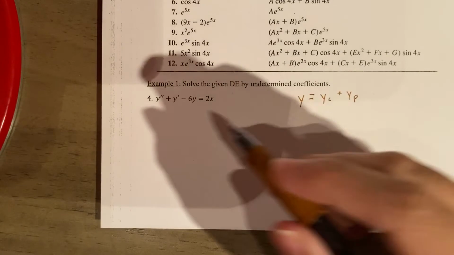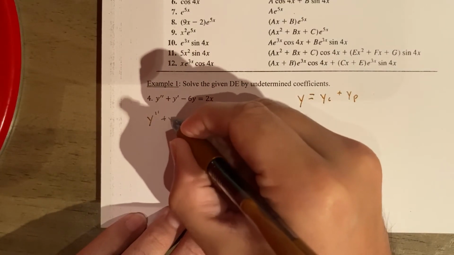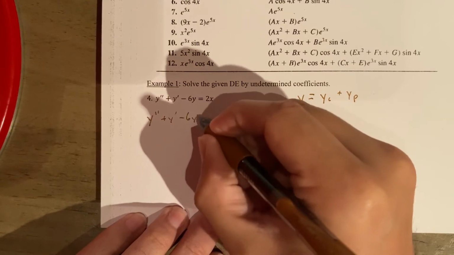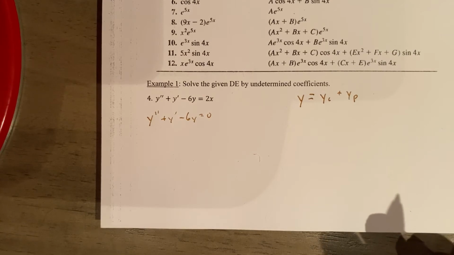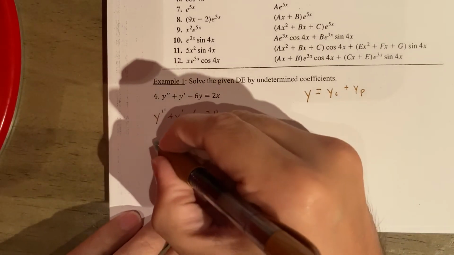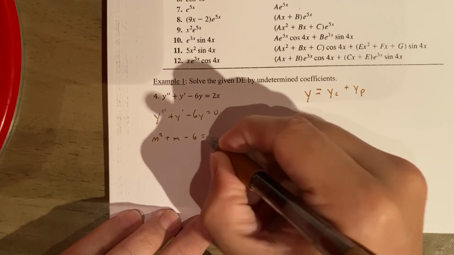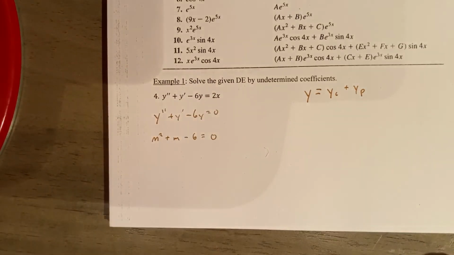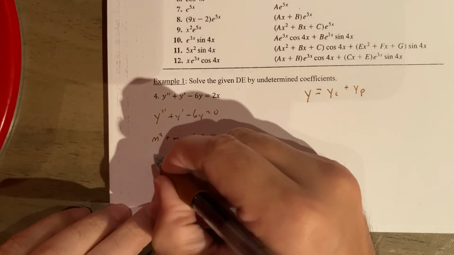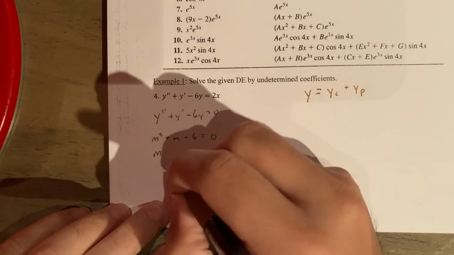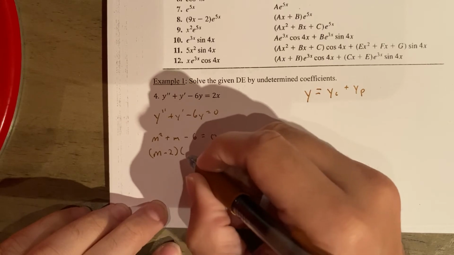That's when we take our differential equation, y double prime plus y prime minus 6y, and we set that equal to 0. And then we're going to solve like we did last time, where we're going to make this m squared plus m minus 6 equals 0. We're going to solve that, and we're going to find our m. Now again, that's going to turn into m minus 2 and m plus 3.